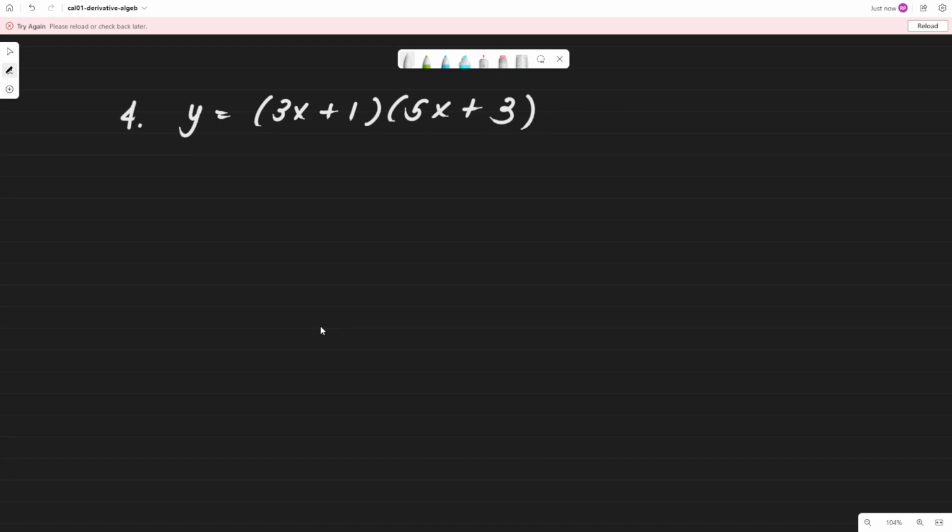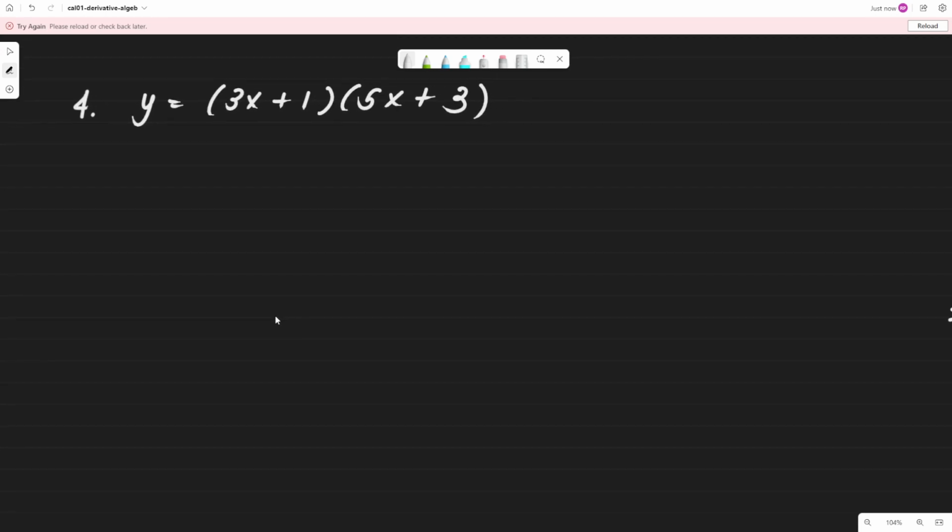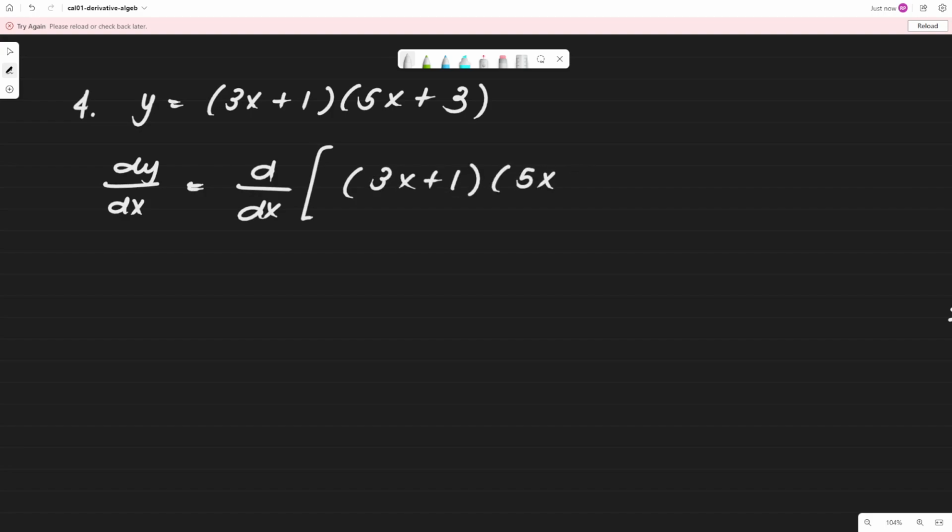We have y is equal to 3x plus 1 multiplied to 5x plus 3. So, we have dy over dx is equal to d over dx of our function. So, we have 3x plus 1 times 5x plus 3. Multiplication, so we're going to apply the product rule.